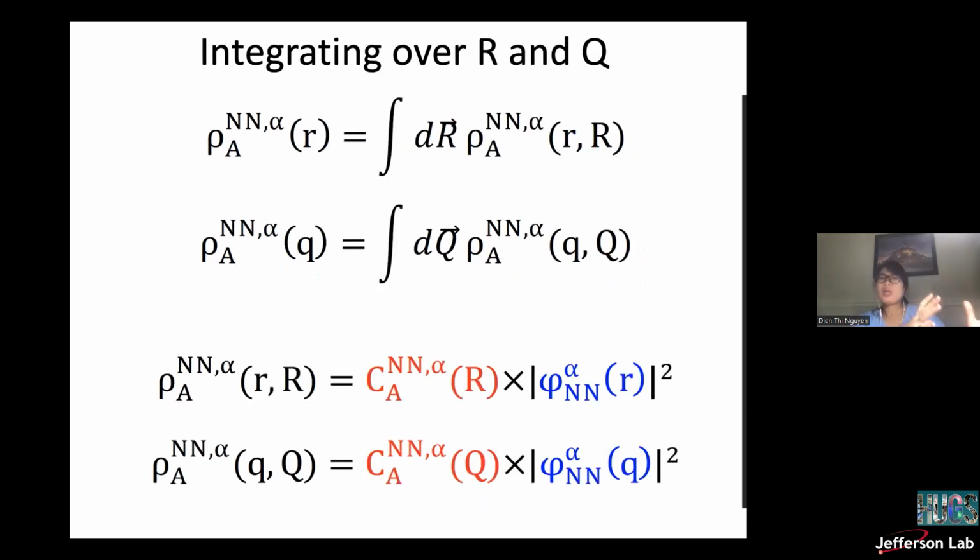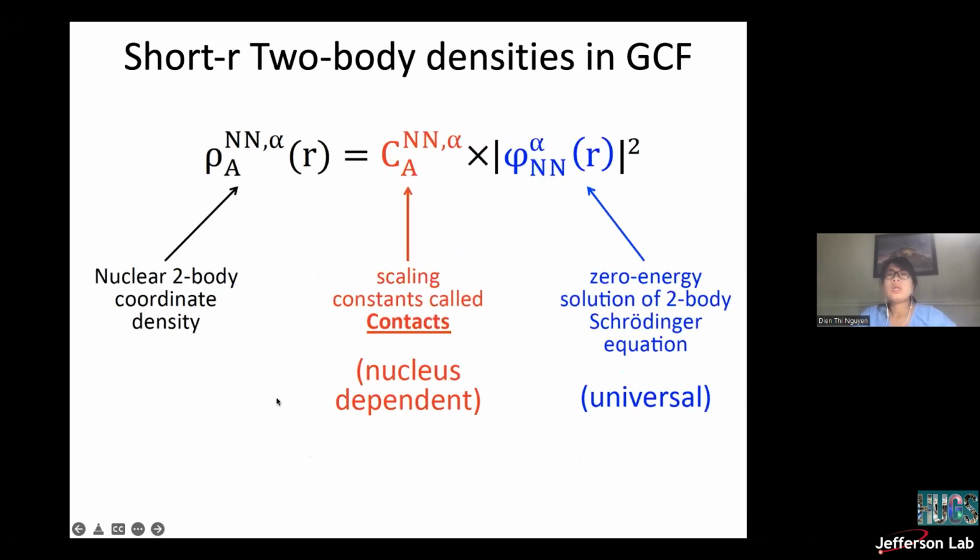Now, after we have that two-body density, we can integrate over R or over capital Q. Then what we get is the two-body density as a function of relative distance r or the relative momentum q.